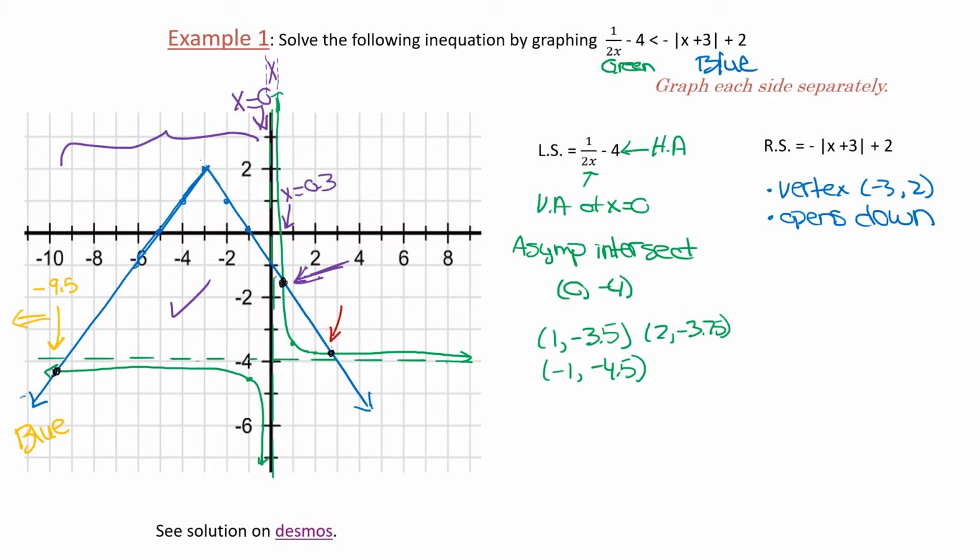Let's say that's x equals 2.8, something like that. So in that section between 0.3 and 2.8, which one is lower, green or blue? Green is. So this will be part of our solution.